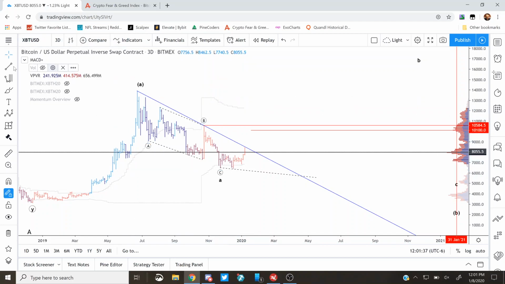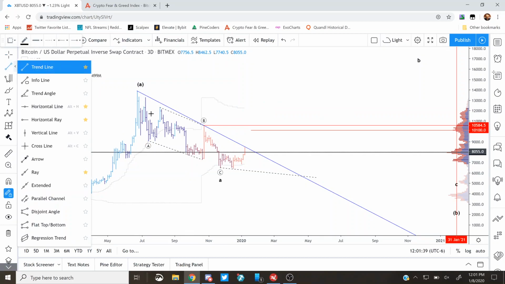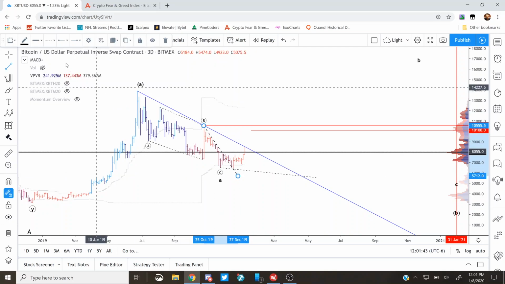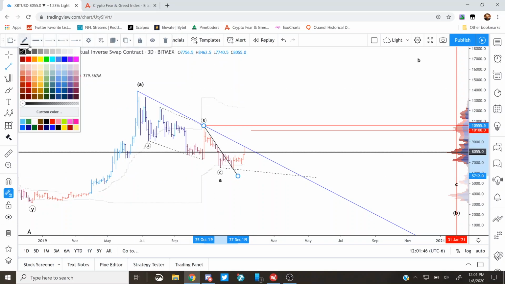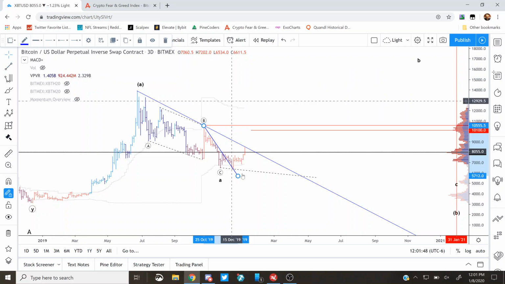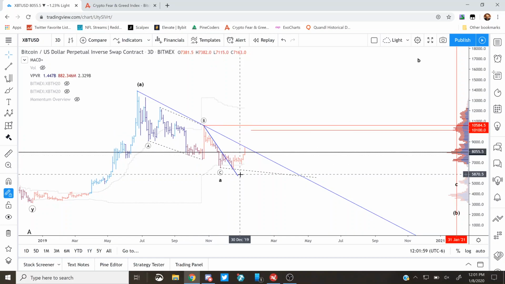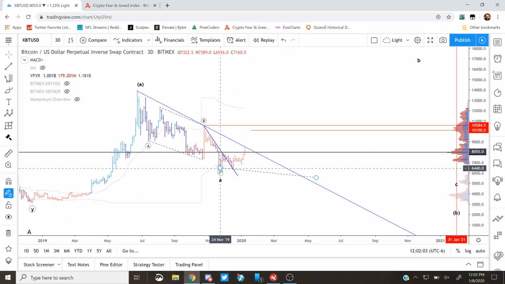The main reason I have it completing here is because of a trend line break right here. So when we break this trend line of the third wave of correction, that suggests that the correction is complete. We did that and then broke the low, which suggests to me that this is an A, B, C wave.